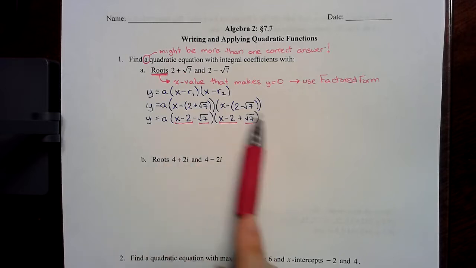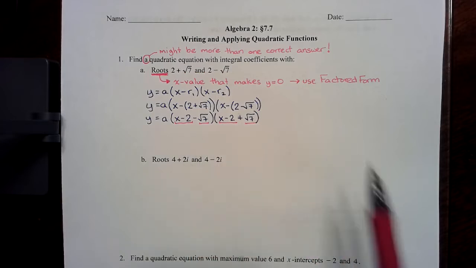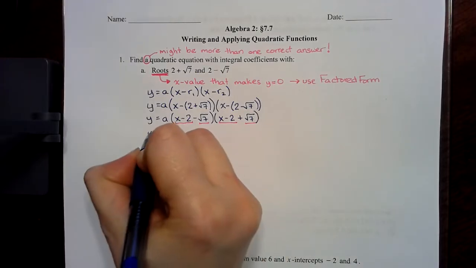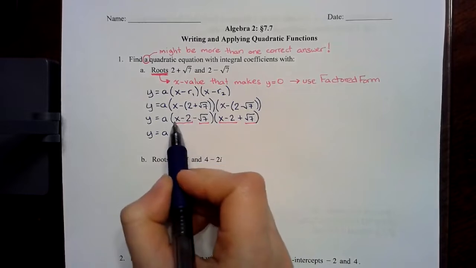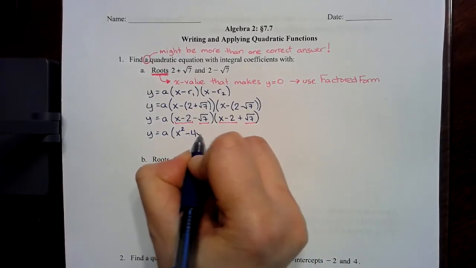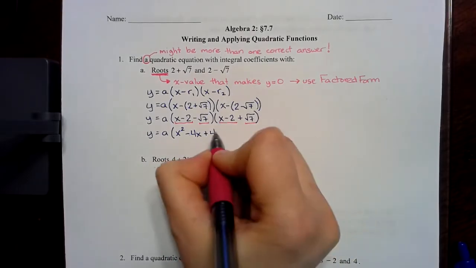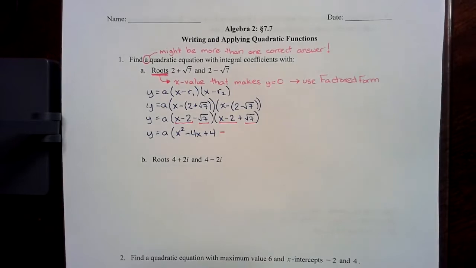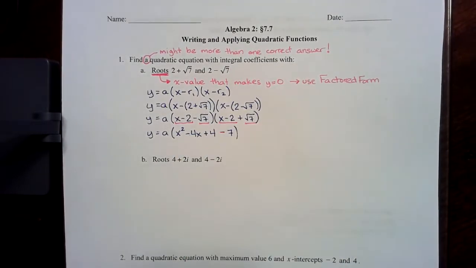So this is, as Dr. Babinet would say, best friends, and we can write this as a difference of squares to save ourselves some work. I'm going to start with x minus 2 squared, which is x squared minus 4x plus 4, minus, because it's a difference of squares, root 7 times root 7, which is 7.